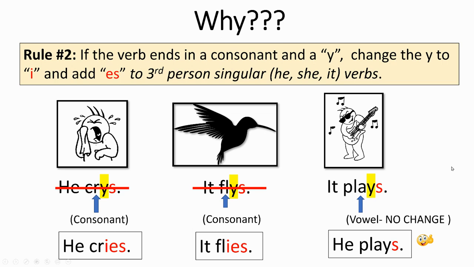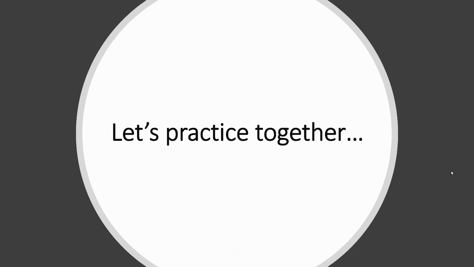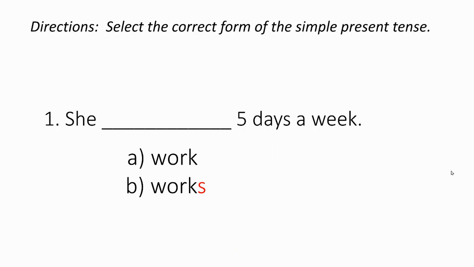Okay, everybody, I know this is a lot of information, but you're doing fantastic. We're almost finished. Let's practice together. Select the correct form of the simple present tense. Number 1, she works 5 days a week.